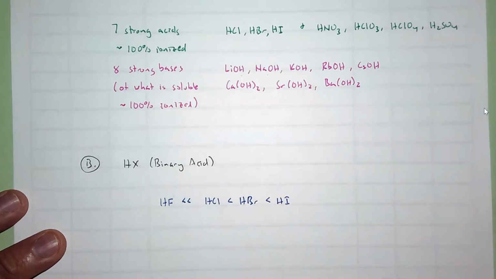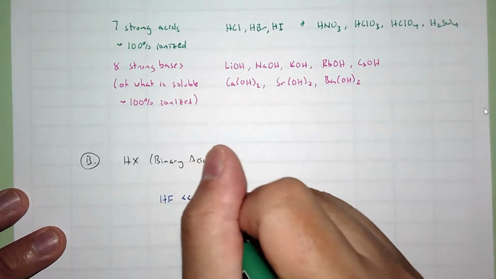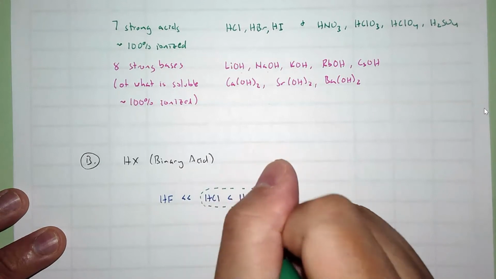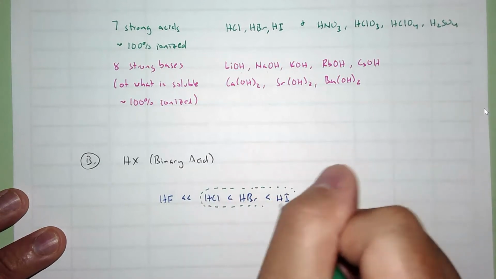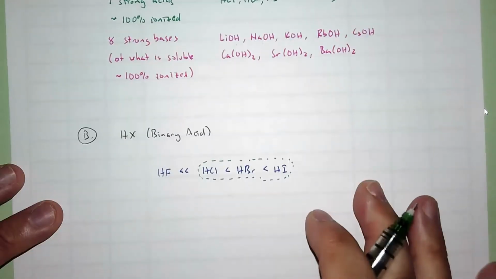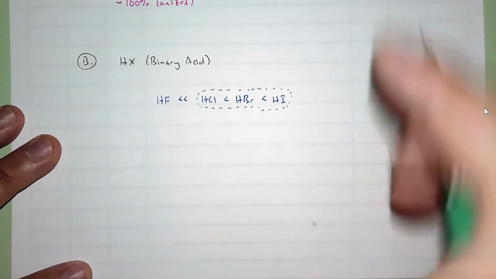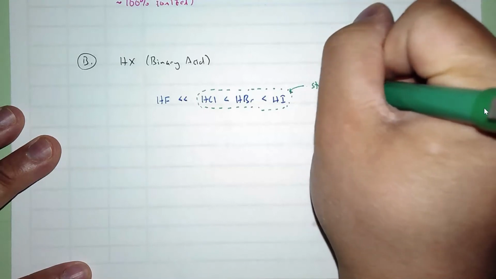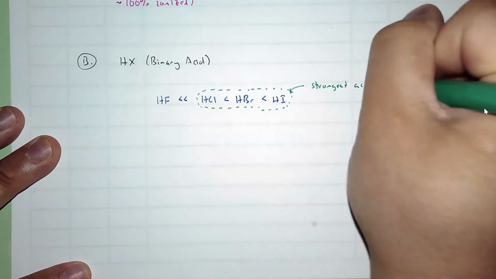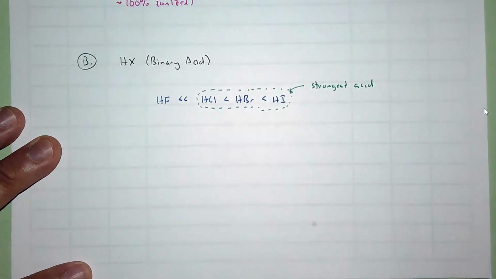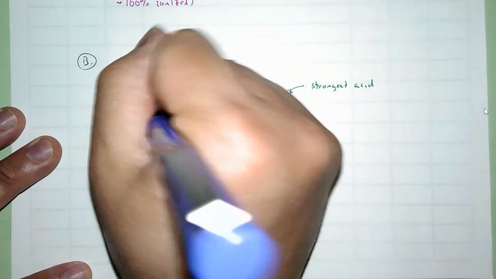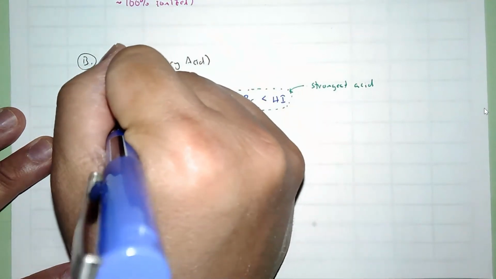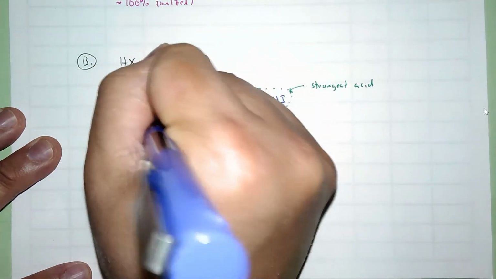But within these strong acids, we can say that HI is the strongest acid out of these four, and HF is always considered a weak acid.